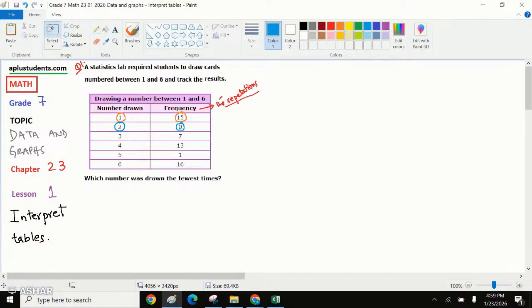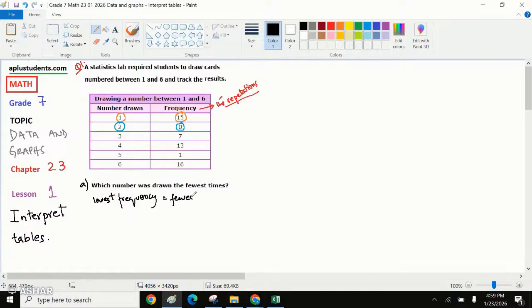In the question, what they're asking us is which number was drawn the fewest times, or which number had the lowest frequency. So we say that lowest frequency would mean fewest times, right?